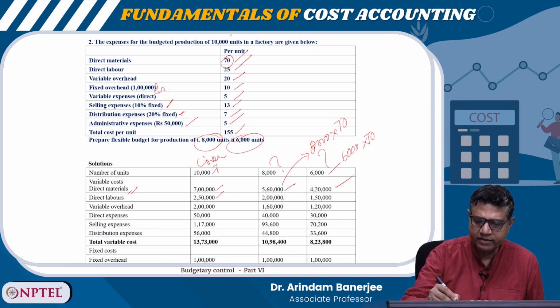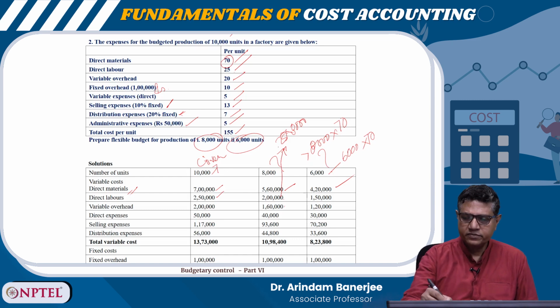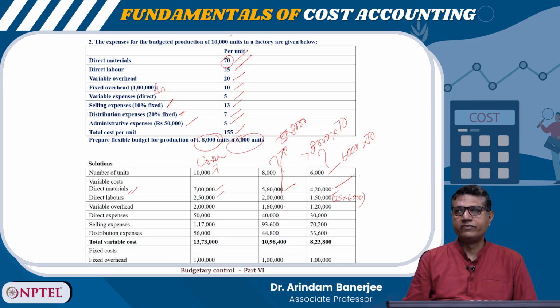If you multiply 25 into 8,000, that is rupees 2 lakh, and 25 into 6,000 gives you 1,50,000.